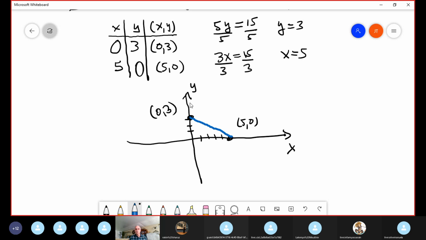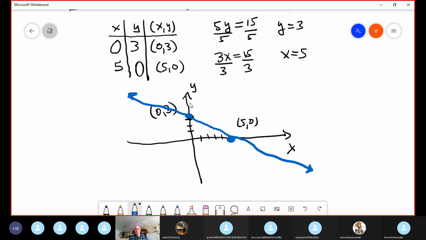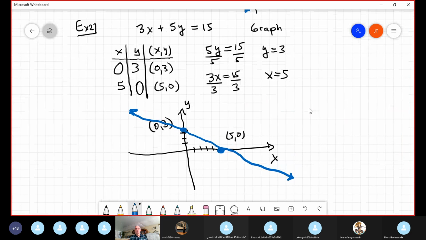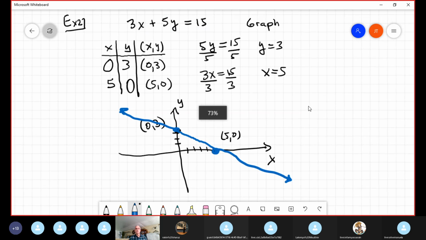Connect this point and this point by a straight line. And this is the graph, the linear representation graphically of the original equation, because the original equation was 3x plus 5y equals 15. This is the graphic representation for this linear equation.